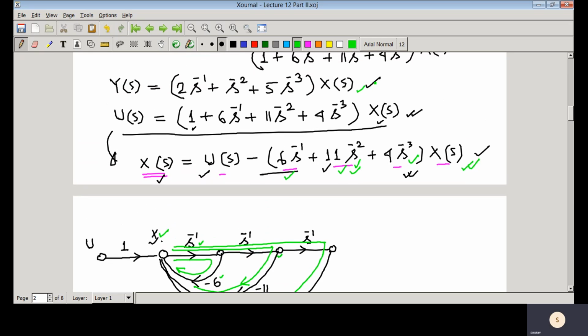Then we need to see the next equation. So ys equal to, you can see here, minus 5 into s to the power minus 3 into xs.